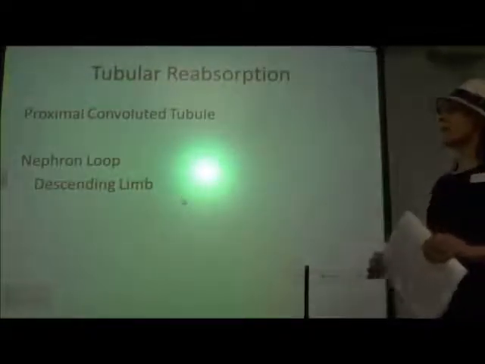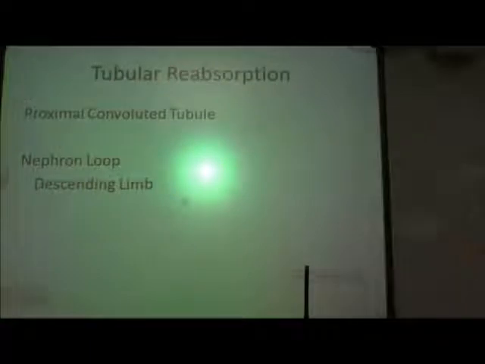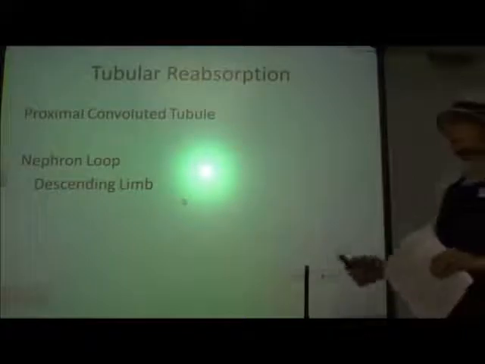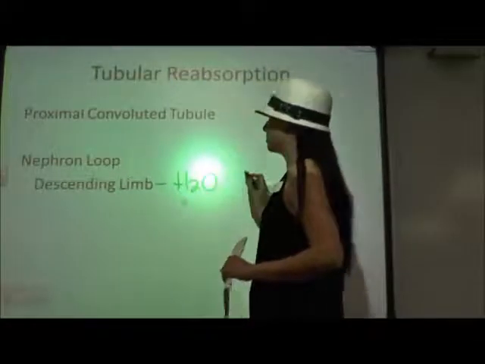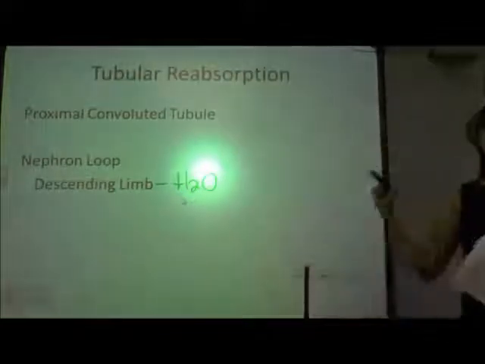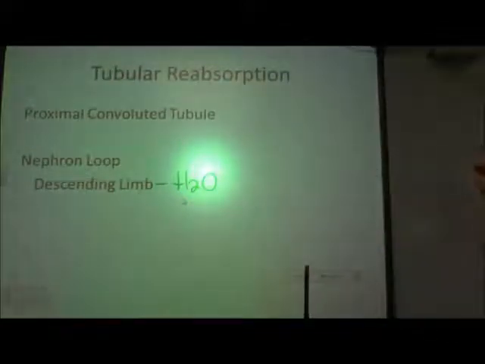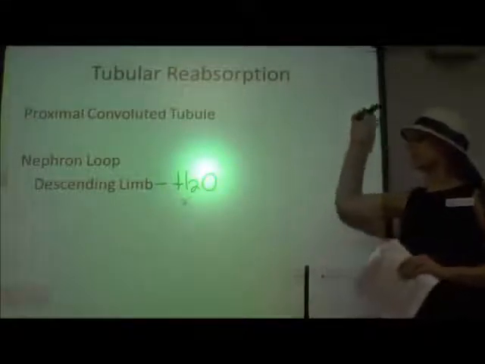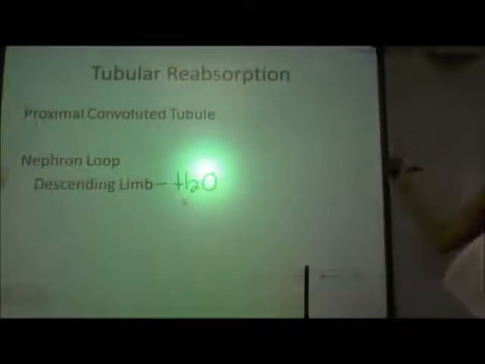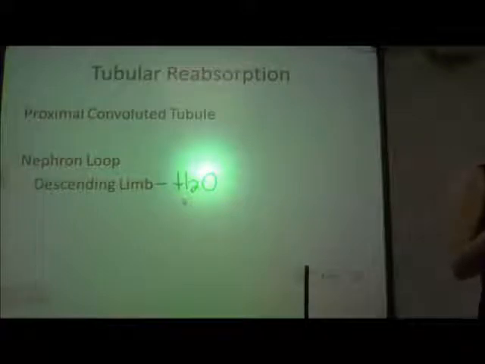When we get to our nephron loop, the different limbs are going to have different things happening. So in our descending limb, water is allowed to leave. So water is being reabsorbed in the descending limb. And this is going to be important for forming an osmotic pressure gradient that we'll see for our collecting duct in just a little bit.